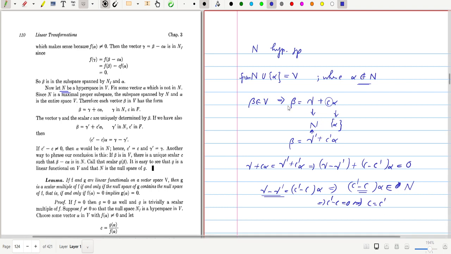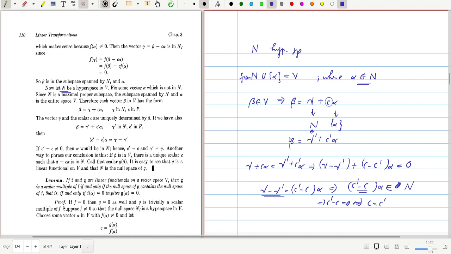So when you write this beta in such a way that beta is equal to gamma plus C alpha and beta is equal to gamma prime plus C prime alpha, that means if the same beta has more than one expression, then C and C prime, and gamma and gamma prime, are coincident. That means this beta has a unique expression when you represent it as an element of N plus C times alpha.